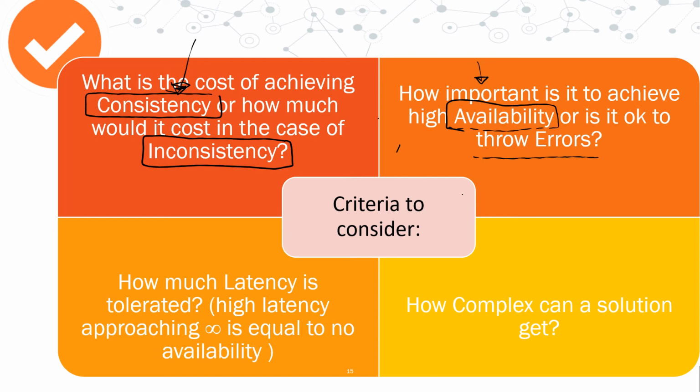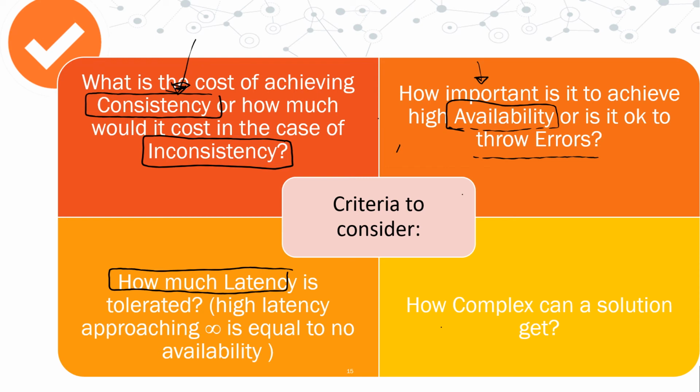And the next criteria is about how much latency can be tolerated. Latency means the system may be slow in response, right? It may take some time for the system to respond to the user request. That means you need to analyze how long it would be okay for the user to tolerate the system latency.